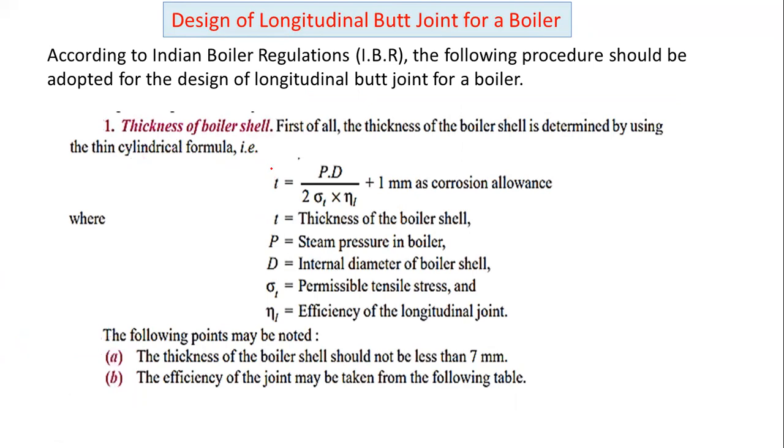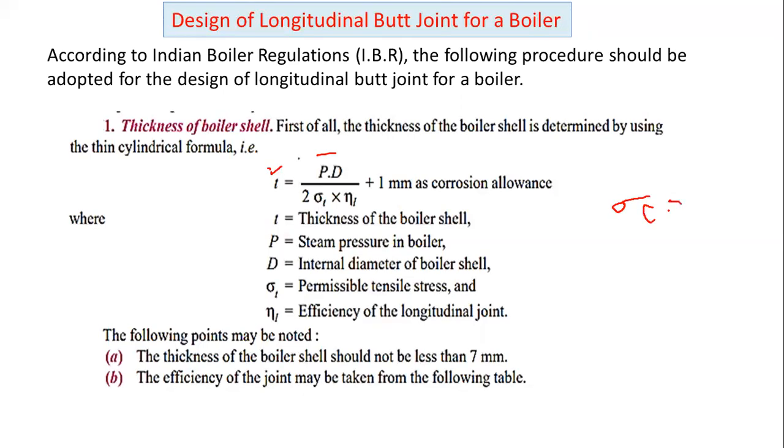Here small t is the thickness of the boiler shell. Already we know the subject, strength of materials or mechanics of solids. Already we discussed thick cylinders and thin cylinders. So this is the formula for thin cylinders, circumferential stress.